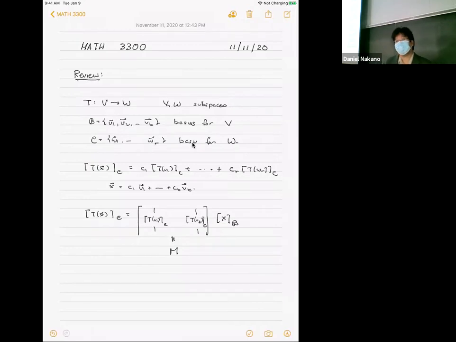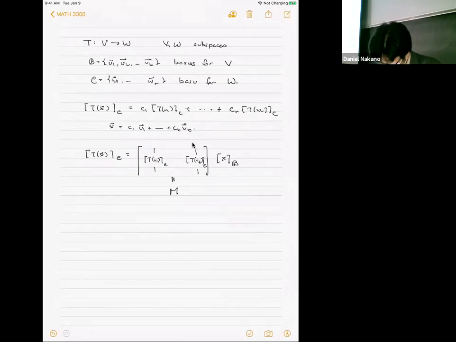All right, so to figure out the matrix M, you take a basis for V, you apply T to it, and then you write it in terms of the coordinates for the basis for W. And then just put things down the columns. Now, there's a very special case of this, and that's when V and W are the same. So the special case is when V is equal to W, and we just take the same basis for the space.